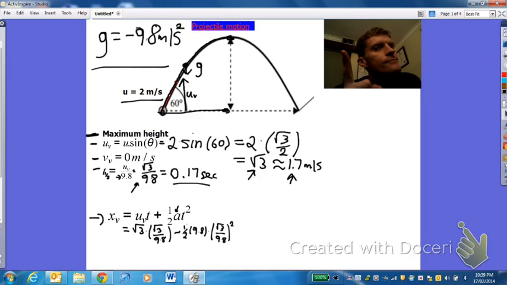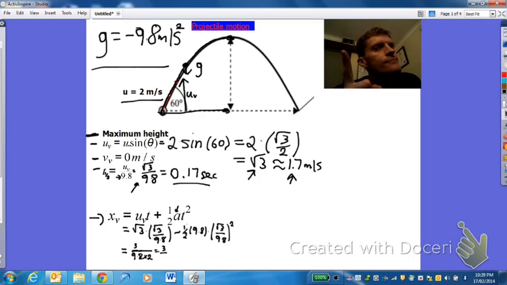Okay, so from there, by simplifying, we're going to get 3 over 9.8, but then times 2 in the denominator.